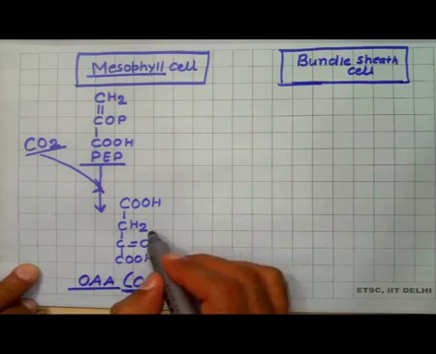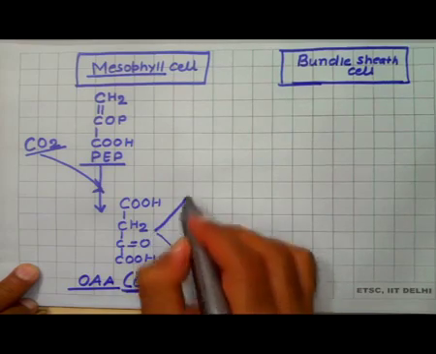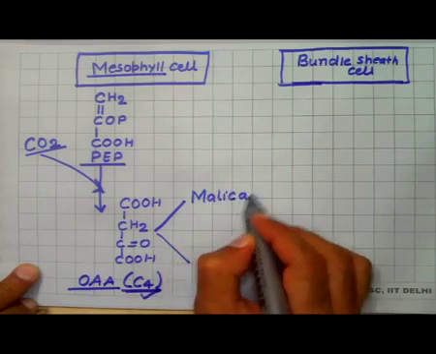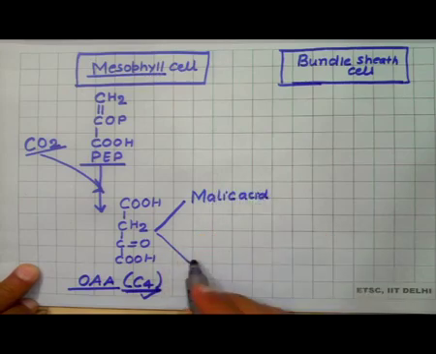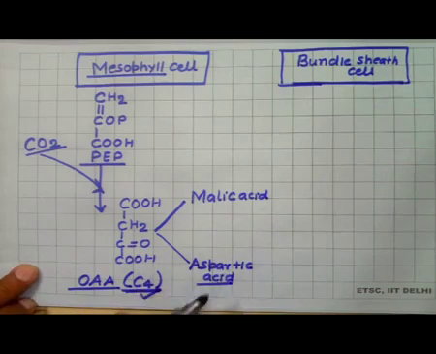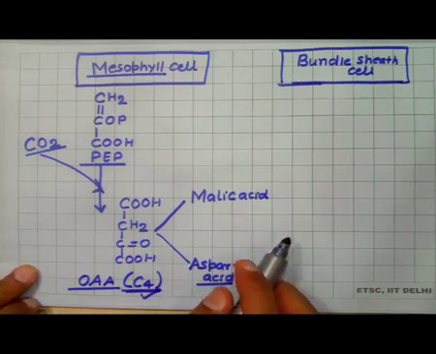In mesophyll cell, it forms malic acid and aspartic acid, depending upon the presence of enzyme as well as NADPH2 and NH3.